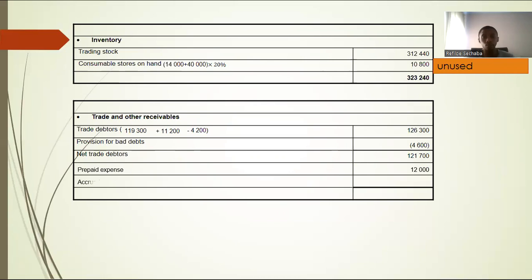I included the prepaid expense. Remember, the prepaid expense was for advertising, and now I'm including that 7,320. I did specify that the 12,000 for advertising we have paid in advance. When you add all the receivables, it will give you 141,020.